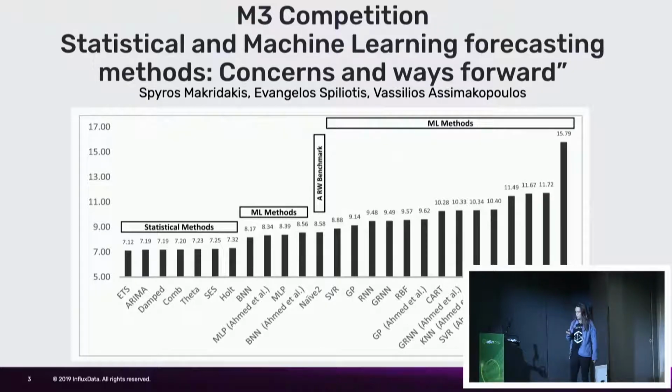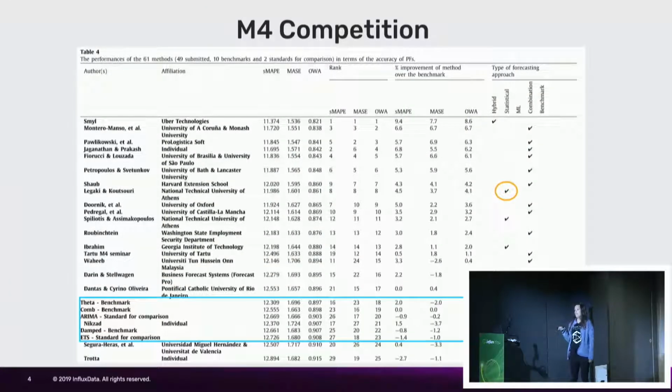And so, funny thing, or the thing I love about people and giving presentations, is that one time I gave this presentation, I think on June 20th, and on June 19th, the M4 competition had just come out. And someone came up to me and they're like, "You're wrong." And I'm like, "Yes, that's awesome. Tell me how else I can improve." And they are telling me that statistical methods suck.